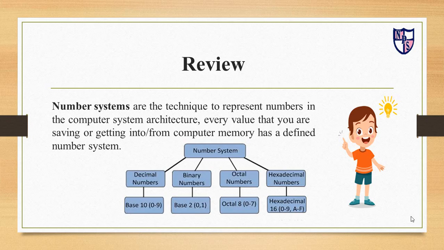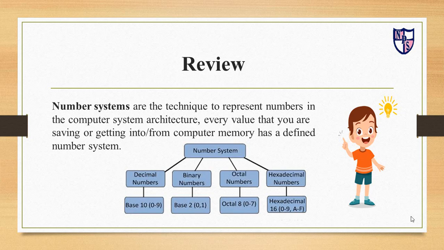The base of hexadecimal number system is 16 because it has 16 alphanumeric values. Here A is 10, B is 11, C is 12, D is 13, E is 14 and F is 15.